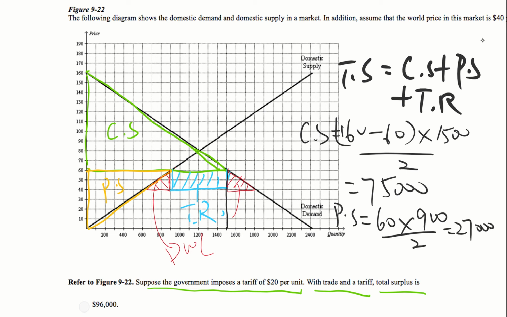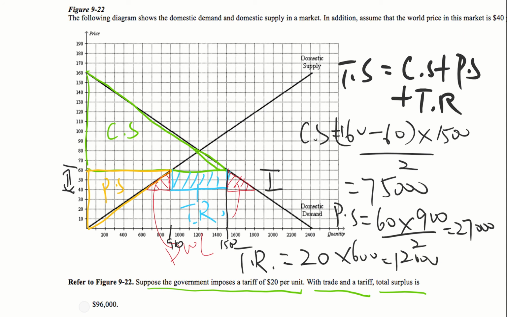And then your tariff revenue will be 20 times the horizontal difference. The 20 comes from the price difference, from 40 to 60. The horizontal difference is from 900 to 1500, that's 600, so that's 12,000.